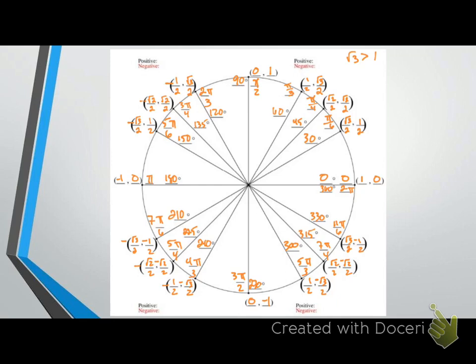So like I was saying before, for the 30-degree angle, your point ends up right here. That is more in the x direction than in the y direction. So the x coordinate is, of course, going to be bigger. So that's why we go radical 3 over 2 for the x and 1/2 for the y, because radical 3 is bigger than 1. 45 degrees lands you here. That's exactly in the middle of that quadrant.